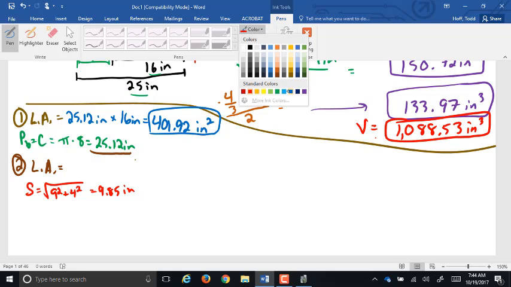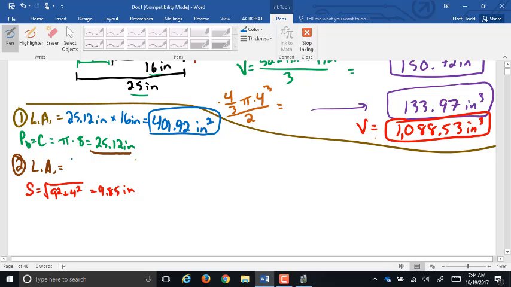So that lateral area is that perimeter of 25.12 inches times the slant of 9.85 inches.